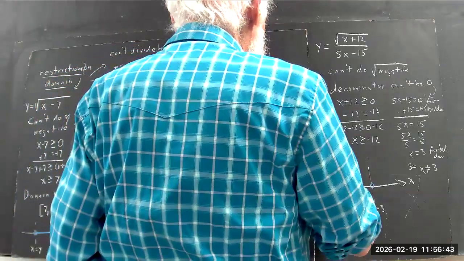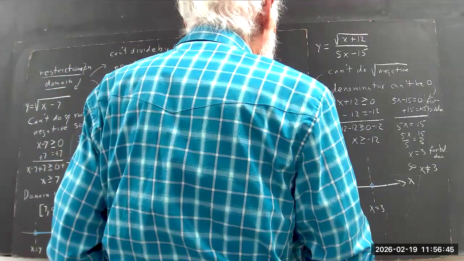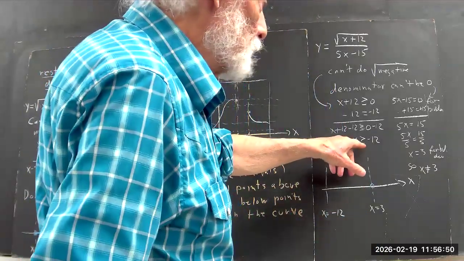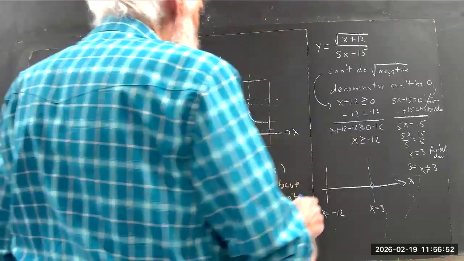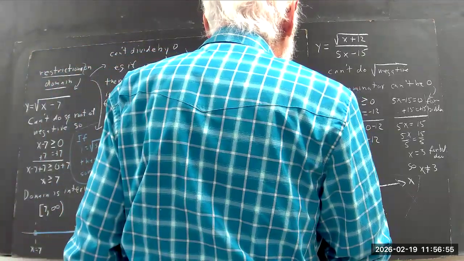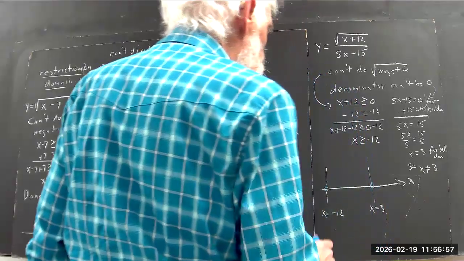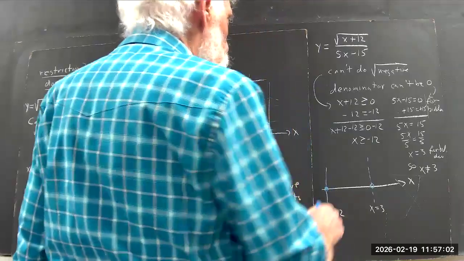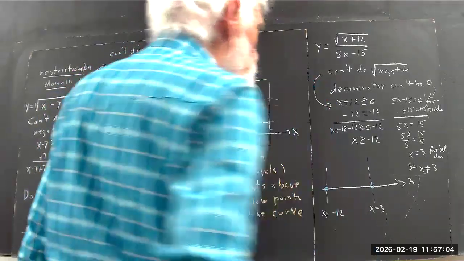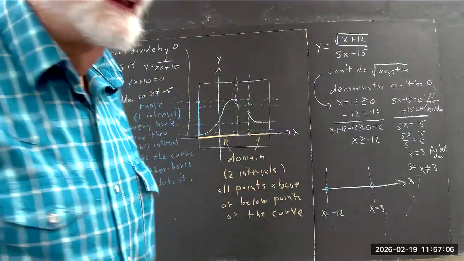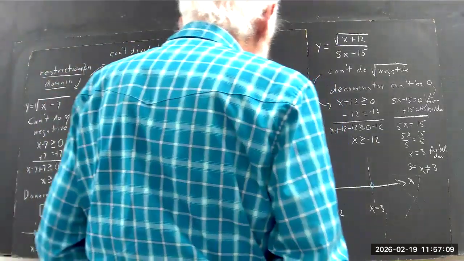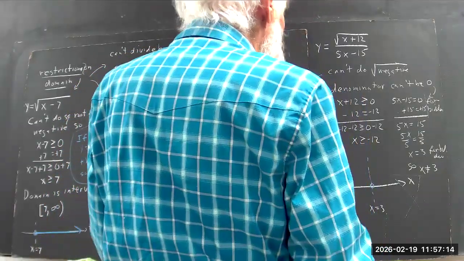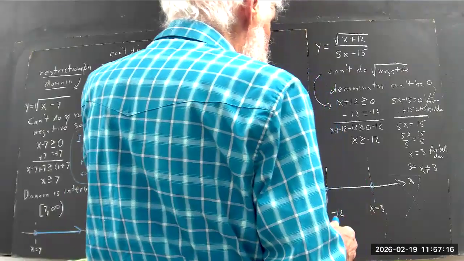And then we've got x equals negative 12. X has to be greater than or equal to negative 12. So we put a circle around x equals negative 12, but we fill it in to show that x equals negative 12 is perfectly okay. And anything to the right of x equals negative 12 satisfies x greater than or equal to negative 12.